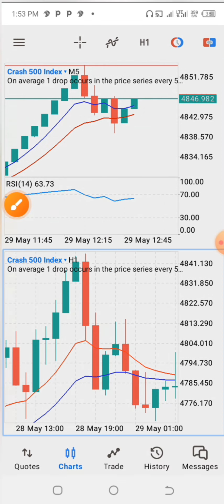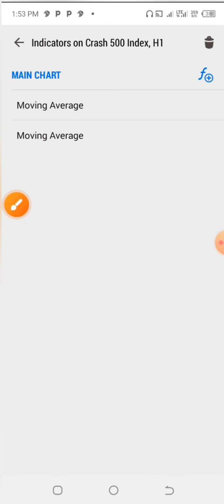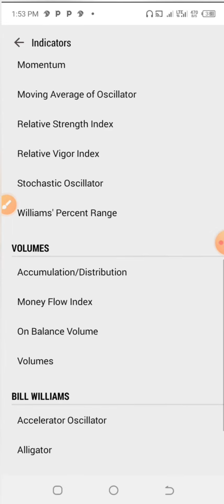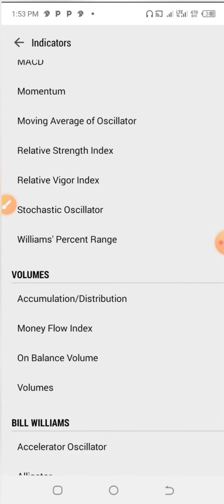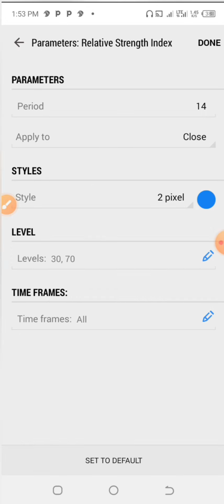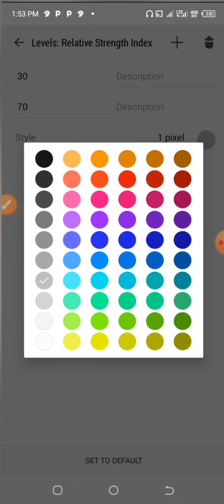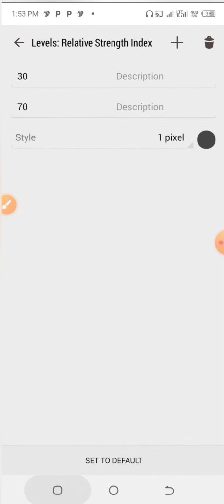Then you can ask me, can the small one, the lower one, accept the relative strength index? Let's see what we have here.